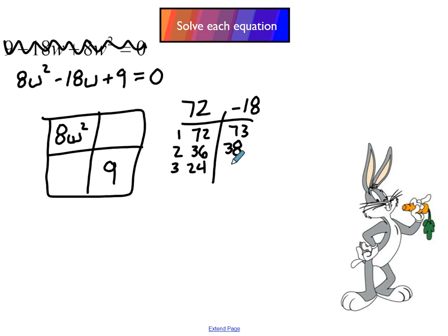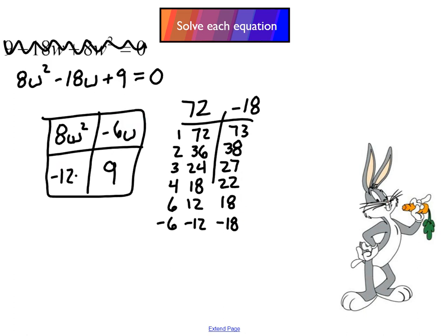Let's see if 4, we have 4 and 18, which gives me 22. 5 does not work. 6 works, so we get 6 and 12, and that's the 18 I want, but it's not exactly what I want, so it's got to be -6 and -12 to give me that -18. So we get -6w and -12w.